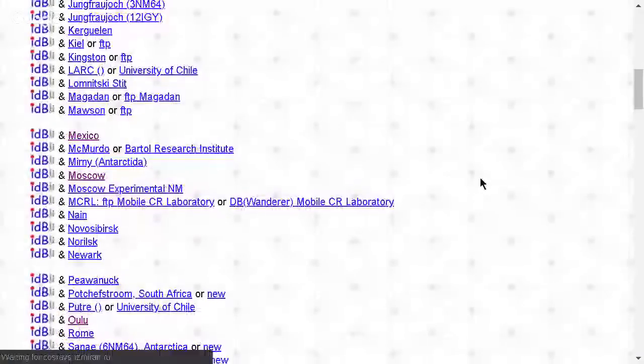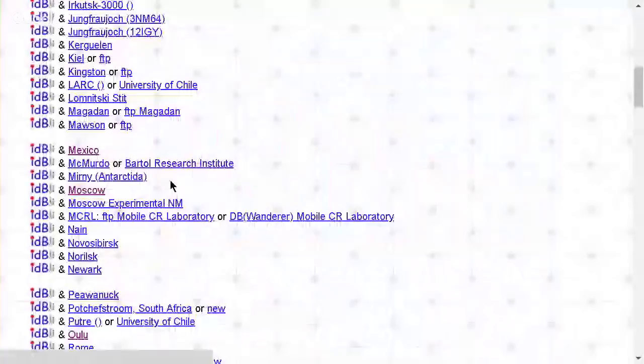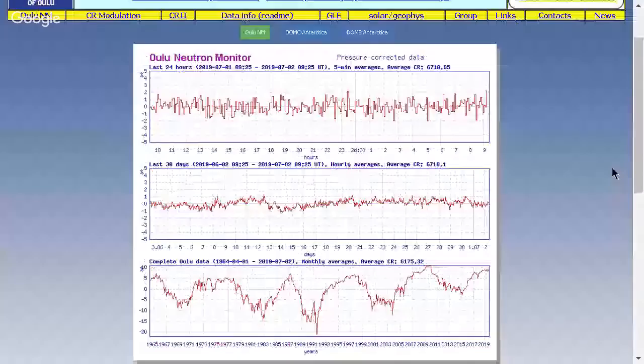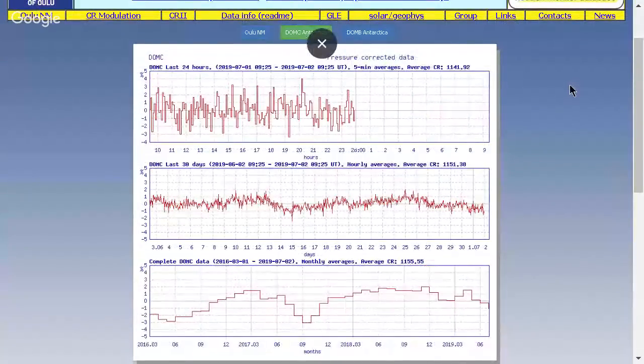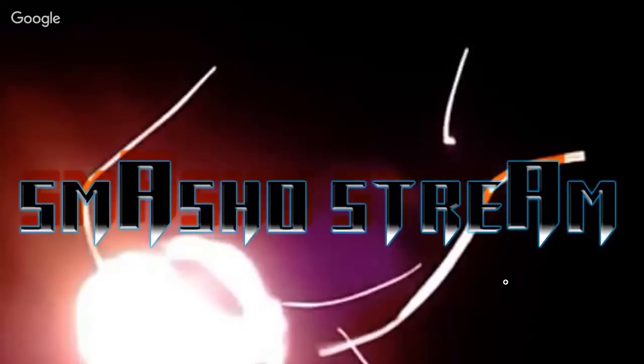Here's a cosmic ray station in Moscow. And here's Oulu, as well as Antarctica. There's Oulu, Finland. There's DOMC Antarctica. There's DOMB Antarctica. Links to the Cosmic Ray Links site also.